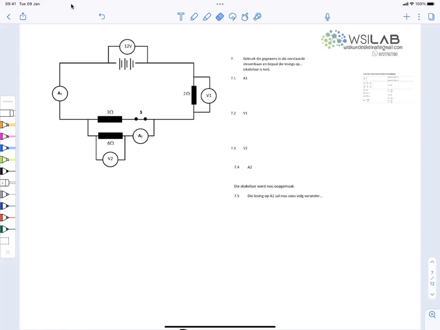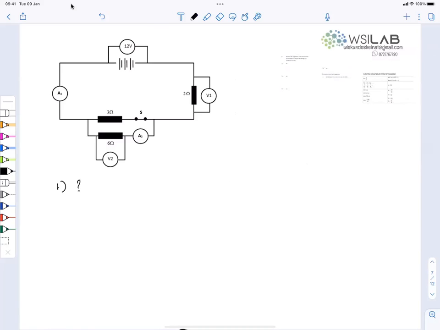I want to know what's the reading on A1. So the first question is, what is A1? Make a drawing of that, get the calculation or the reading of A1. Can we get A1? Yeah, you can.